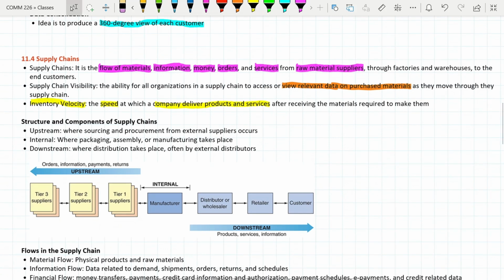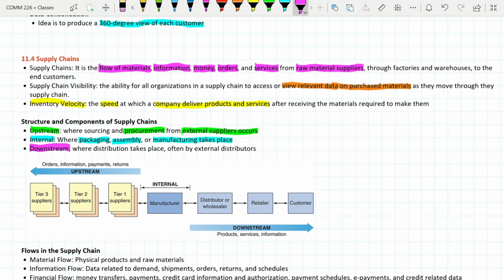Structure and components of the supply chain. Upstream is where sourcing or procurement from external suppliers occurs. Internal is where packaging, assembly, and manufacturing take place.